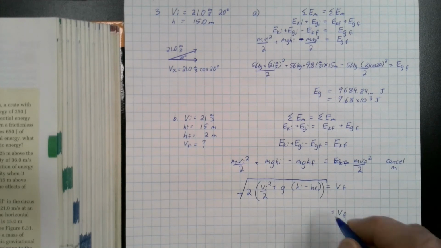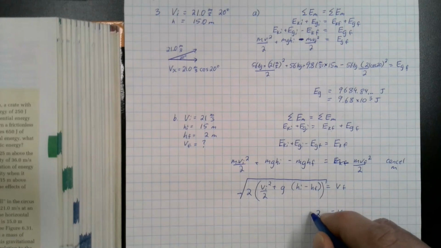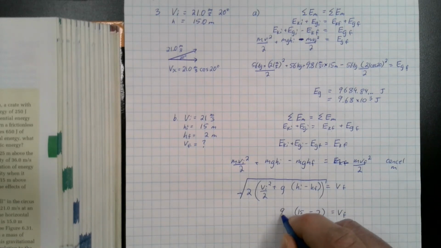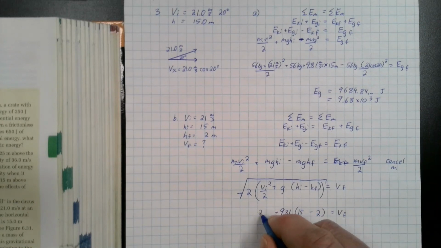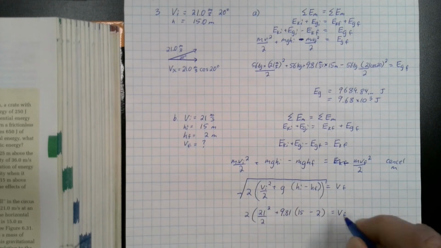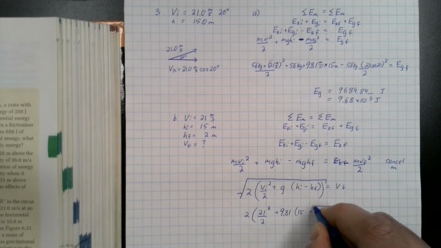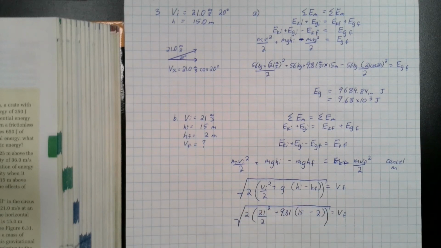So our final height is 2 meters, our initial height is 15 meters, g is 9.81, our velocity is 21 squared divided by 2, close brackets, multiplied by 2, close brackets, square root the whole thing, and then we can plug that into the calculator to figure out our final velocity.